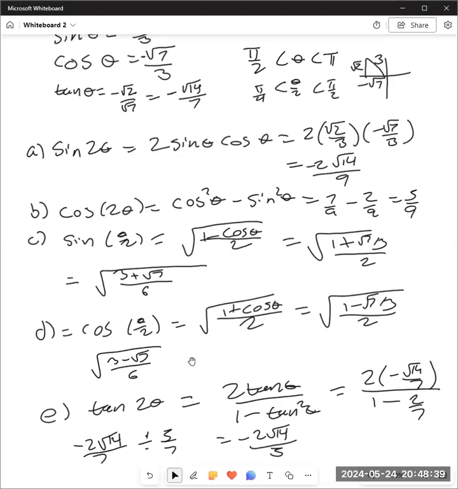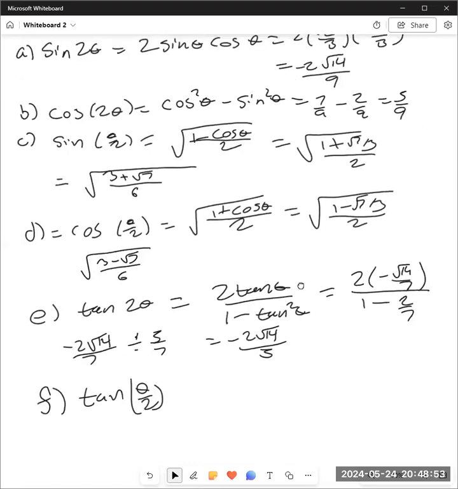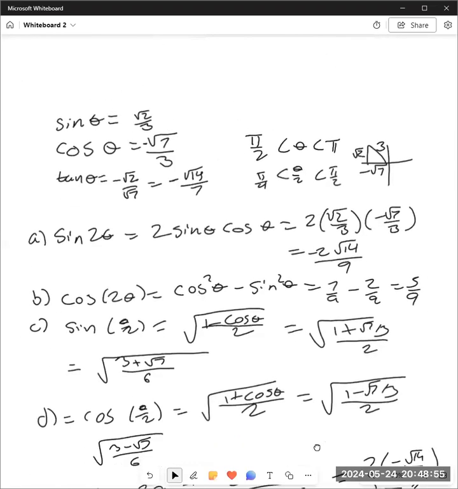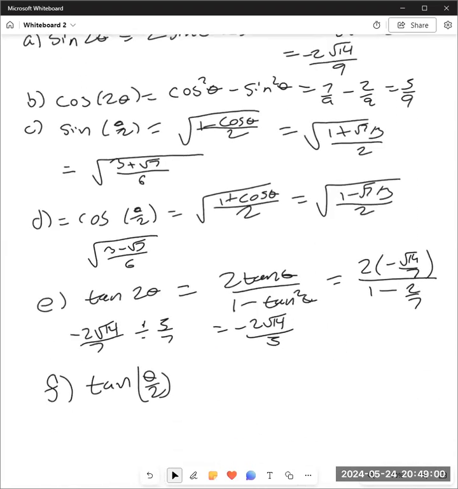Okay, and then F asks us for tan of theta over 2, and I think we were given cosine. Doesn't really matter. They're both just as ugly as each other in this problem. So tan of theta over 2, tangent's going to be positive in quadrant 1.